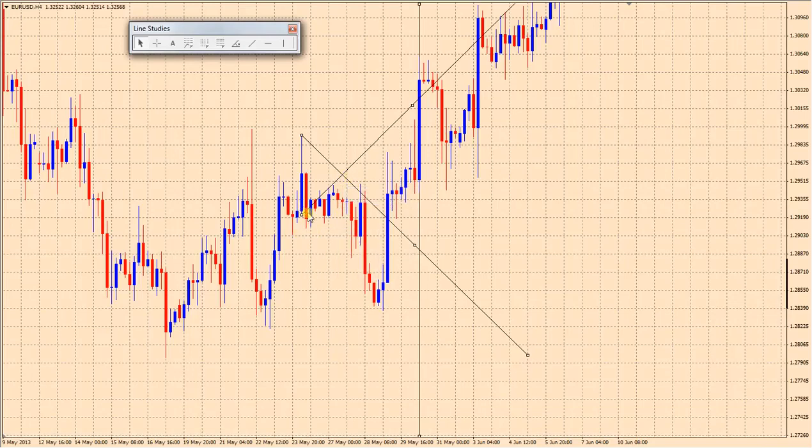We have 1, 2, 3, 4, 5, 6, 7, 8, 9, then 10 candles, so we need to do 11, 12, 13, 14, 15, 16, 17, 18, 19, and 20. So that gives us right at this candle right here, which just happens to be the low. So 2 times our forecast right here is the actual end of our down move right there.